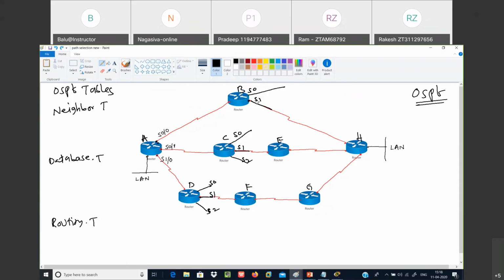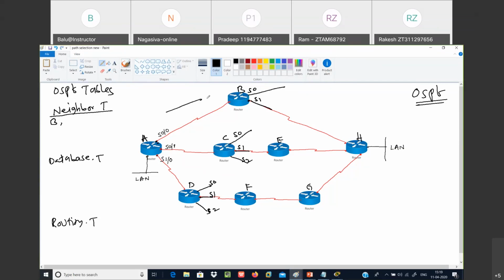Neighbor adjacencies, right? Now B information will be updated here. B is my neighbor adjacency.